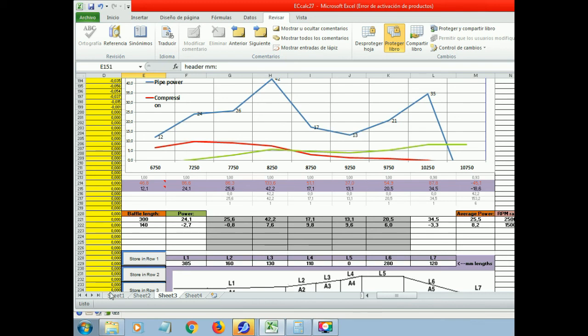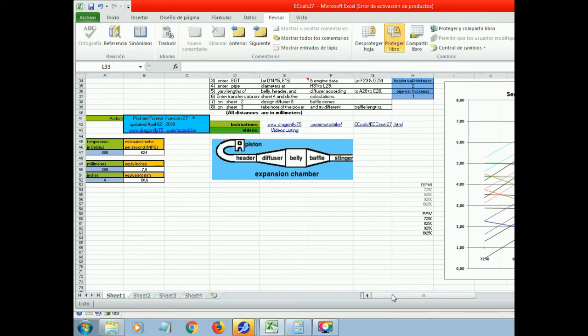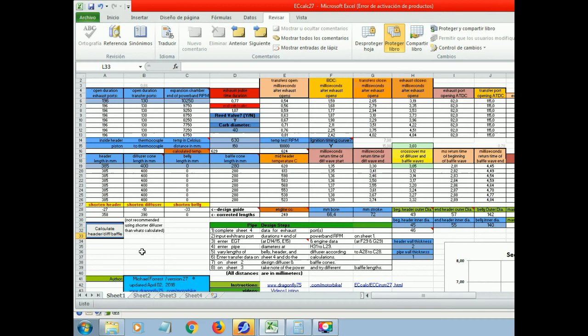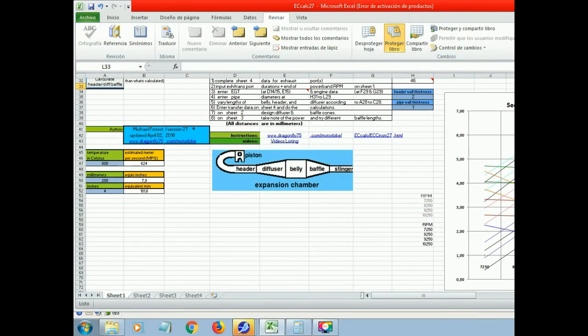Okay, and go to sheet 1 and see if there's a way we can make it better. I'm going to do that by letting it calculate. And now I'm going to look at those graphs again and see how it's different.